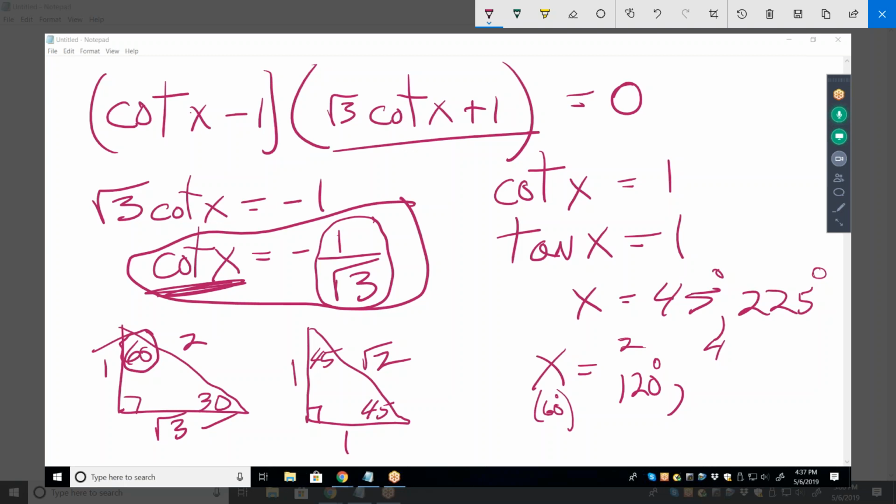In the second, it's always 180 minus the angle. In the fourth, it's always 360 minus the angle. Okay, 330? No, it's 360 minus this 60 degree angle. 300.